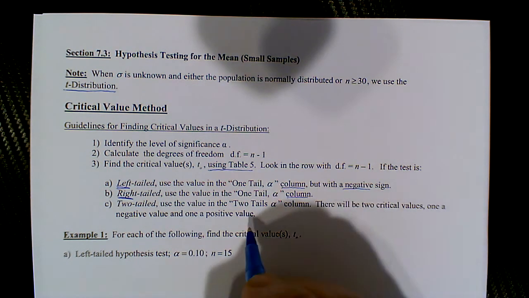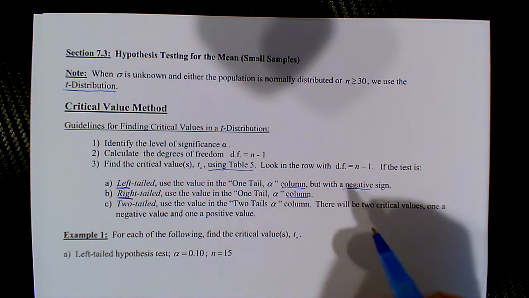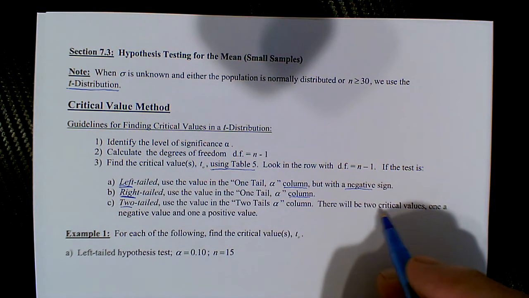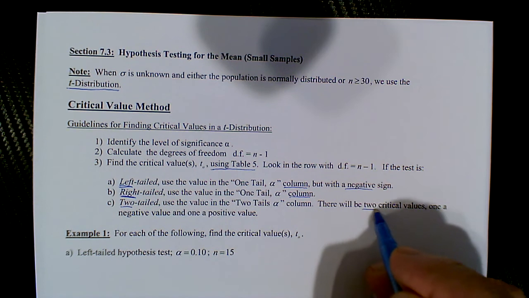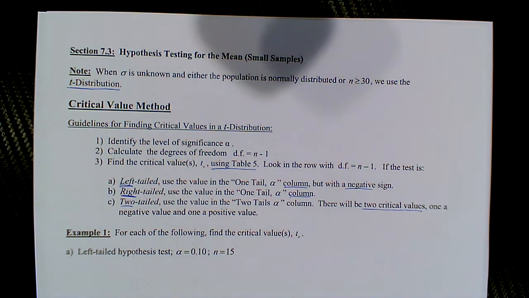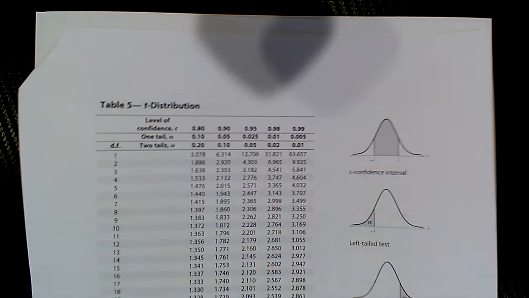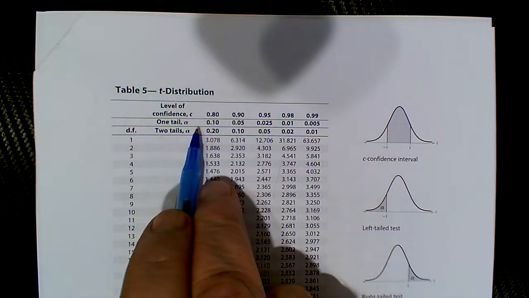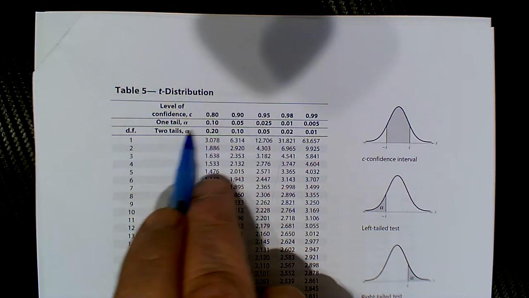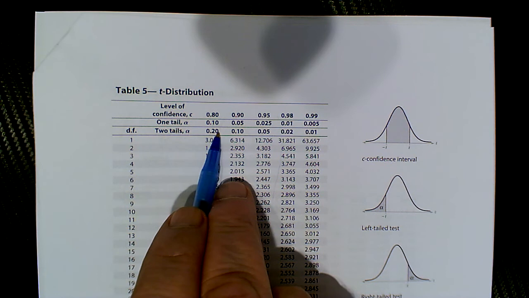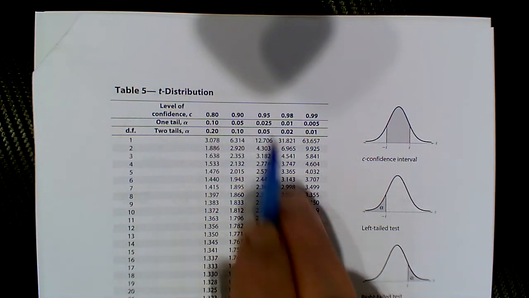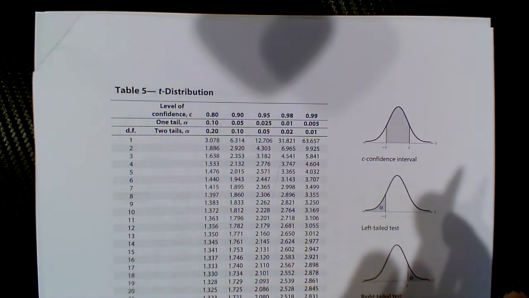And then if two-tails, we look at the two-tailed column, and so it will be a positive and a negative for two critical values. So you can see how the table's constructed. We had used it for confidence intervals, but now we use it for the hypothesis test with one or two-tailed tests. So just intersect the degrees of freedom row with the appropriate column, and that's going to be our critical value.